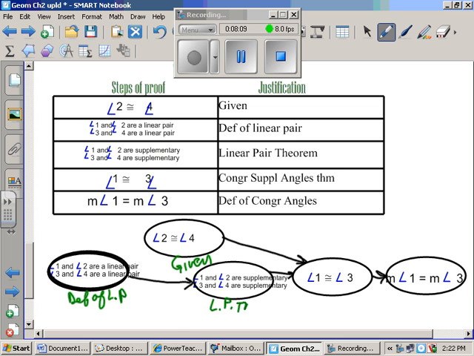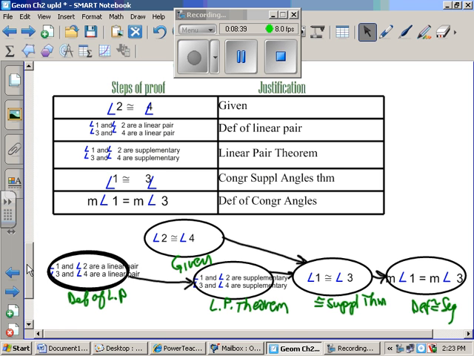Theorem? Theorem, yep. Okay? Right. Congruent supplement theorem. And finally, good. Remember, that's the one that toggles between equal and congruent. Okay?